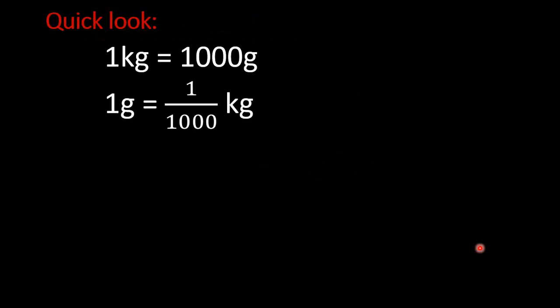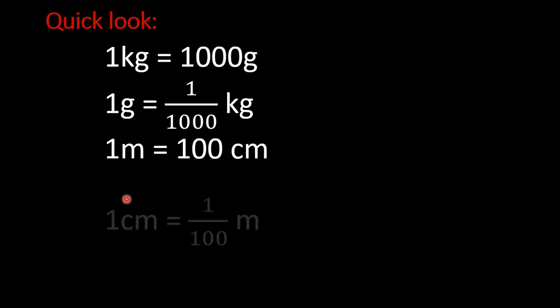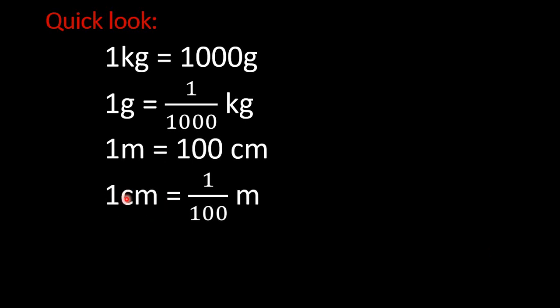Then also we have 1 meter is equivalent to 100 centimeters, and so 1 centimeter is equivalent to 1 over 100 meters. Let's look at some examples to understand this topic well.